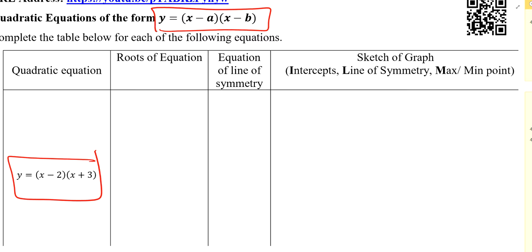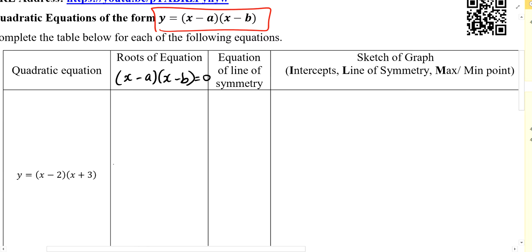Okay, so the roots of the equation, like we said, we cannot have roots, we cannot have solutions when it is y equals to (x minus 2)(x plus 3). We need it to be of the form, and this is what you need to write down, (x minus a)(x minus b) equals to 0. We are trying to solve for the solutions of this equation. So now, I will show you an example.